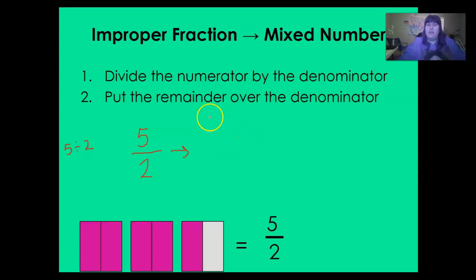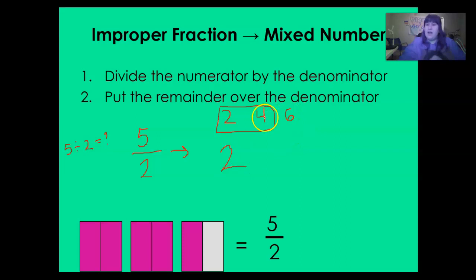Well, what that means is how many groups of 2 can I make with 5? Okay, so we have 2, 4, 6. Oh, that's too many. Looks like I can make 2 groups of 2 with 5.